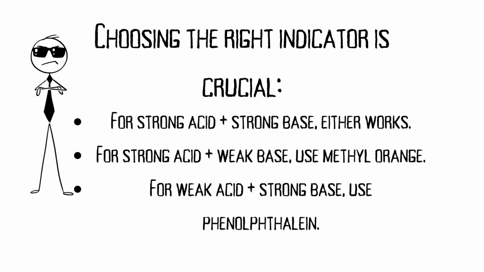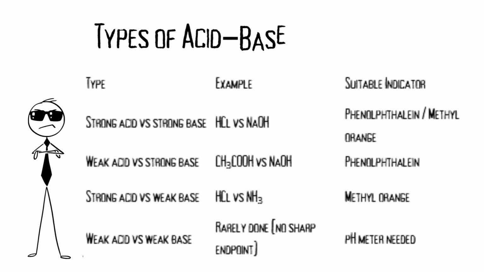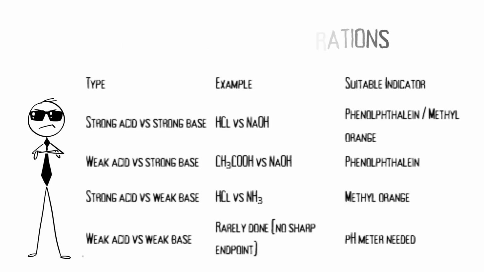While we focus on a few examples, know that there are four main types of acid-base titrations. This is a strong acid versus strong base, the weak acid versus strong base, the strong acid versus weak base, and the weak acid versus the weak base. Each produces a different characteristic curve, which was shown previously.